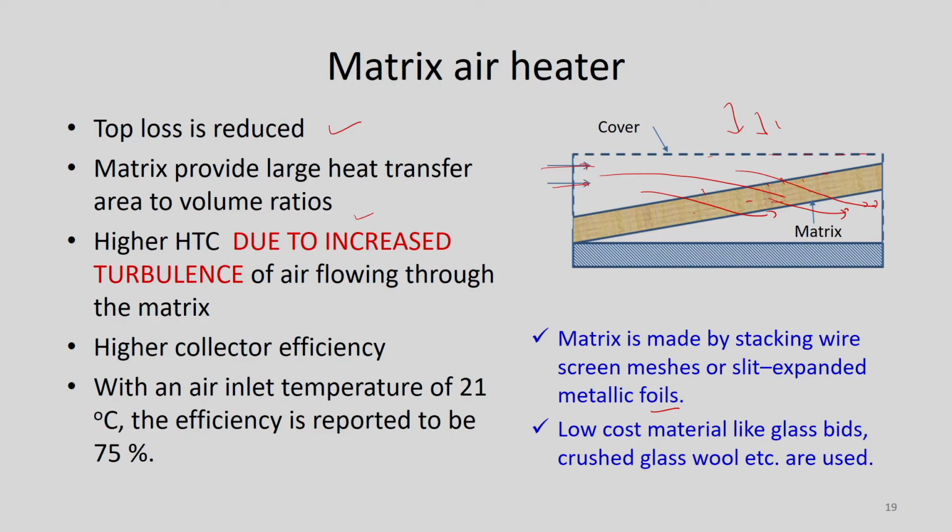If you can increase the contact time and roughness, then of course we can augment the heat transfer coefficient. And of course, higher collection efficiency can be obtained by using this kind of configuration. As per researchers' findings, with an air inlet temperature of 21 degrees C, the efficiency is reported to be about 75%, which is quite good.